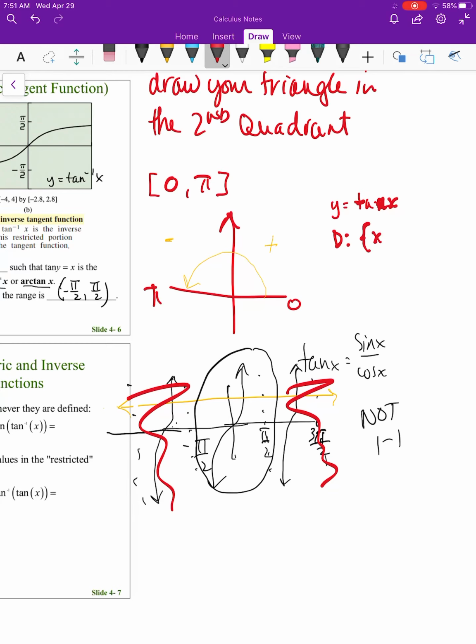x is an element of the real numbers such that x does not equal any 2n plus 1 pi over 2, because all the odd pi over 2's, it can't be, right? You can't have an odd pi over 2.